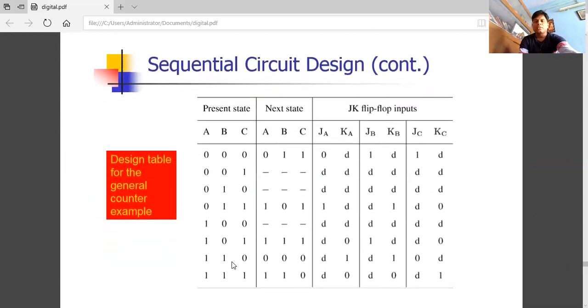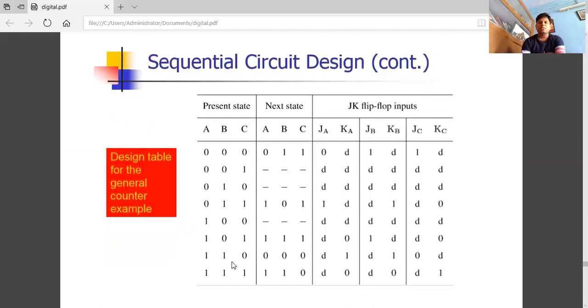In the sequential circuit design, present state 0 has next state 3, and 3 goes to 5, 5 goes to 7, 7 goes to 6, 6 goes to 0.